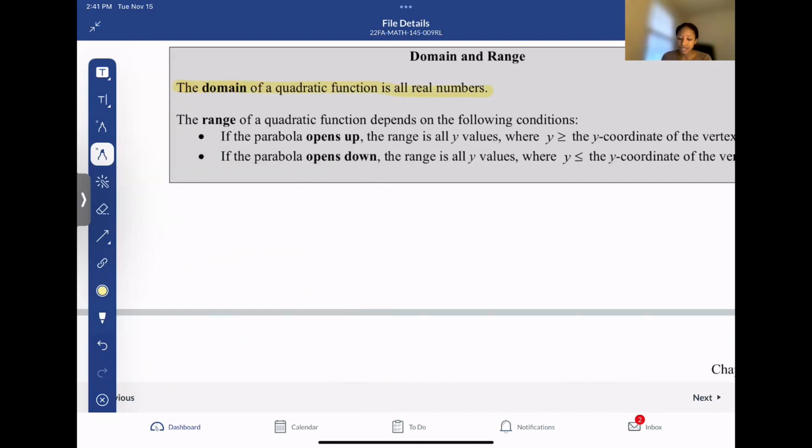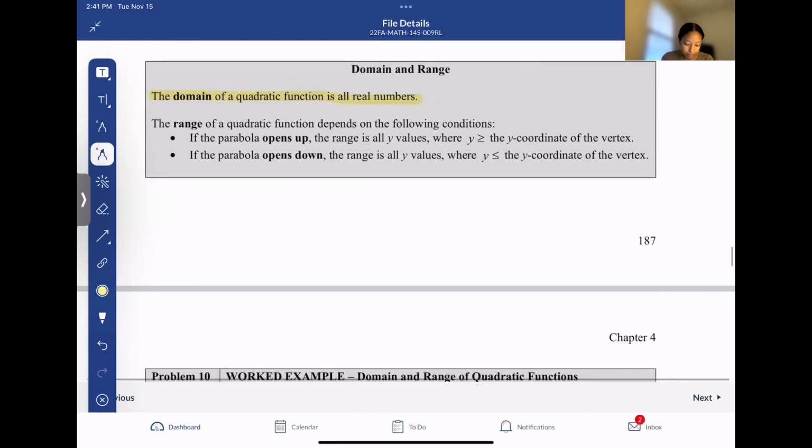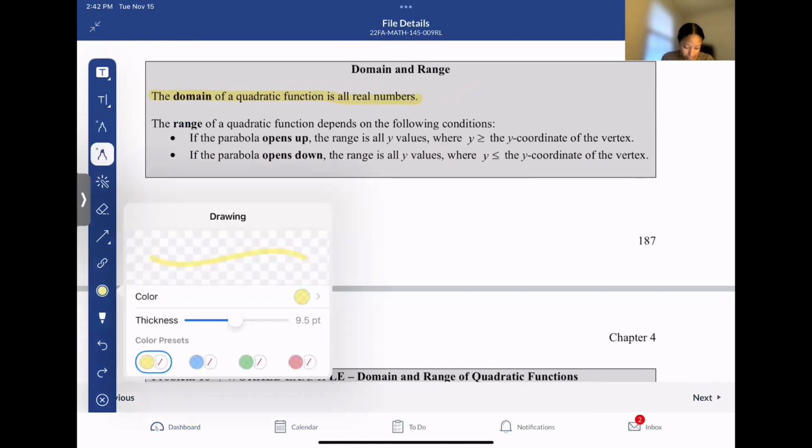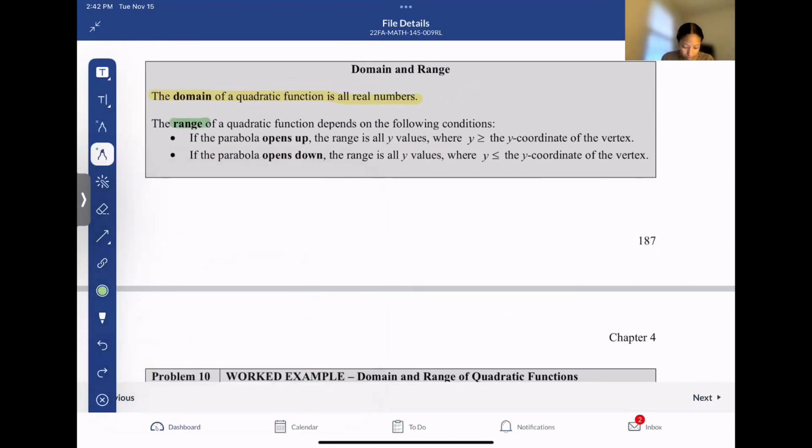For the range, we do have to do a little bit of thinking. For the range, we have two different cases. When our parabola opens up, the range is all y values that are greater than the y-coordinate of the vertex. What on earth does that mean?